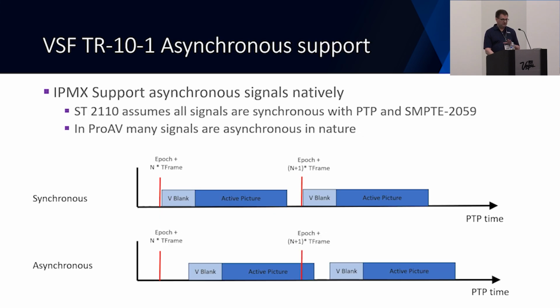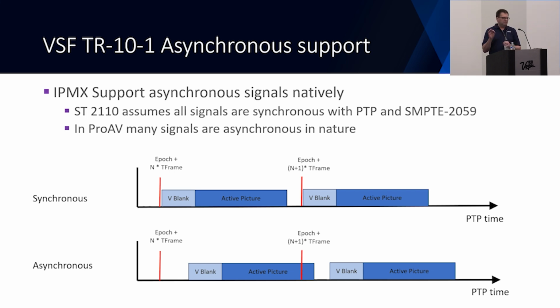The second thing IPMX does differently than 2110 is that it natively supports asynchronous signals. In 2110, everything is synchronized with PTP and SMPTE 2059. Knowing that it's January 1st, 1970, midnight, the vsync of every resolution was launched and has been running since then very precisely.